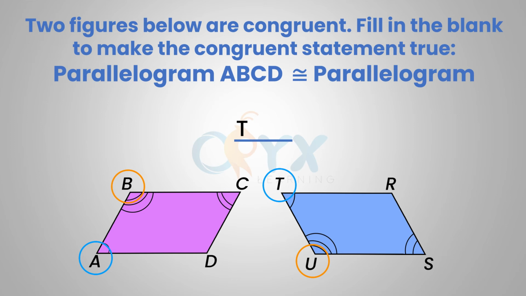Angle B corresponds with angle U, so U should be the second angle listed. C is the third angle in parallelogram ABCD, and angle C corresponds to angle S, so S will be next. And the last angle listed is angle D, which corresponds to angle R. So parallelogram ABCD is congruent to parallelogram TUSR.